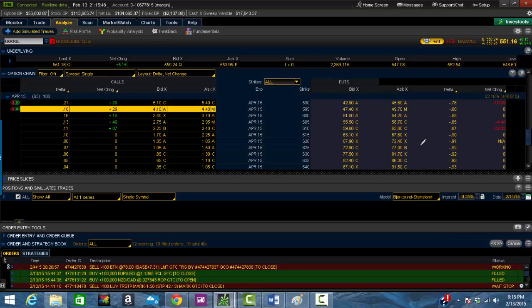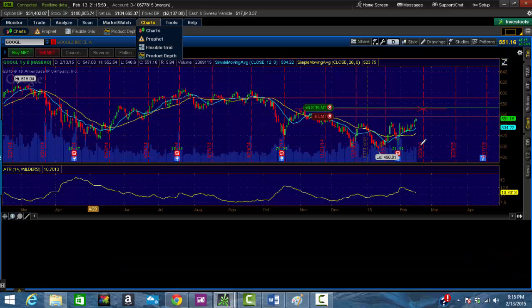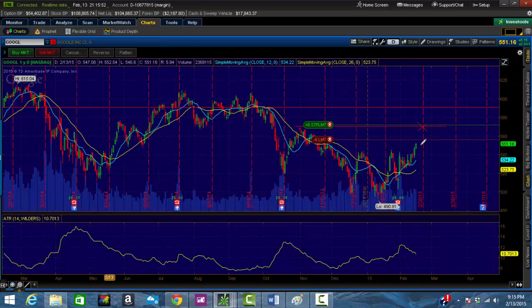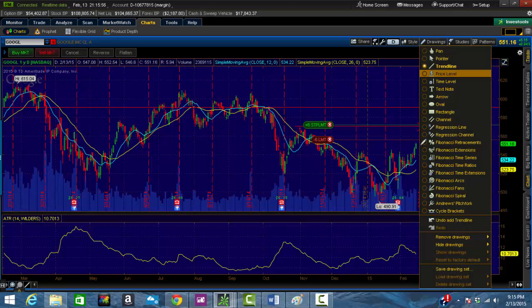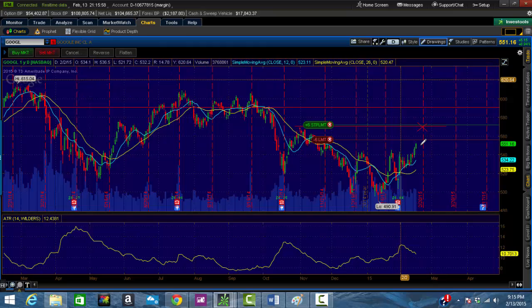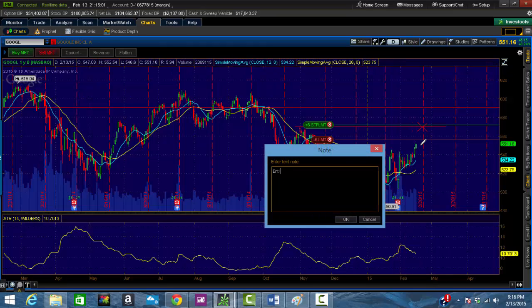One thing you'll always want to do is make a notation on your chart. So come over here to Drawings, Text Note. Just simply write up here, say entry at $1, April 590, 595, stop at 150, 180.